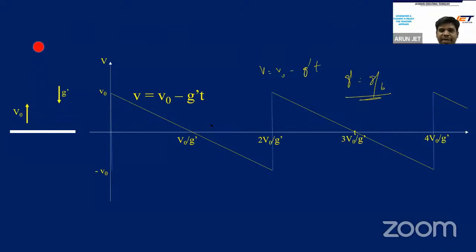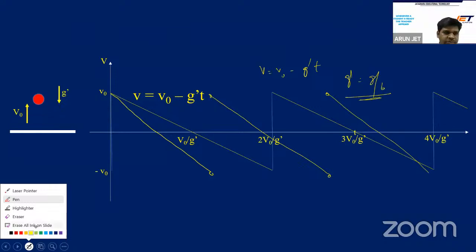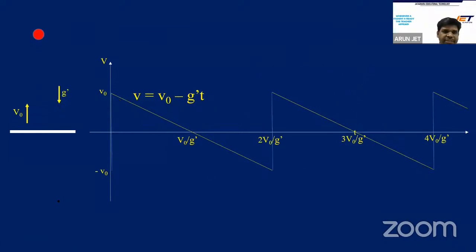Only same ఉంటుంది, except the steepness of the slope, steepness of the line will change. This is now less steeper. In Earth మీద సేమ్ చేస్తే ఇలా వస్తుంది. But on moon, it is less steeper.